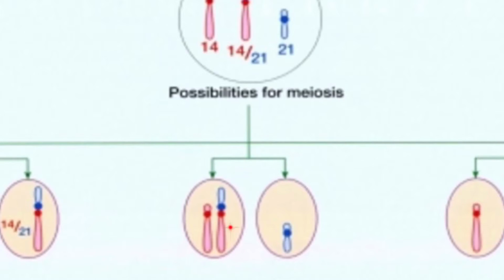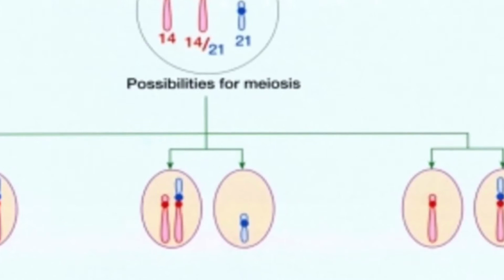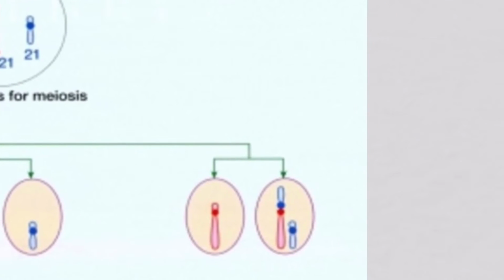This is a no bueno gamete. This gamete only has chromosome 21 and is missing entirely 14. So again, not a viable gamete. This has just a copy of chromosome 14, no 21. Not good. This has 2 copies of chromosome 21 and a copy of chromosome 14. So this will lead to a gamete with Down syndrome.